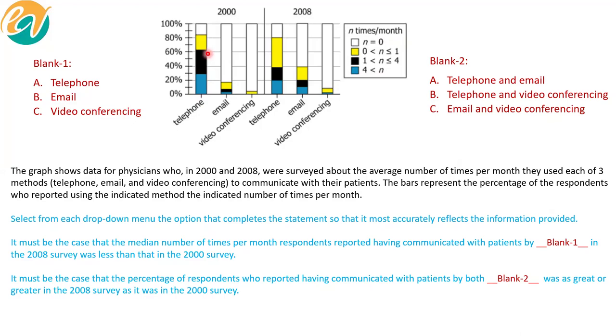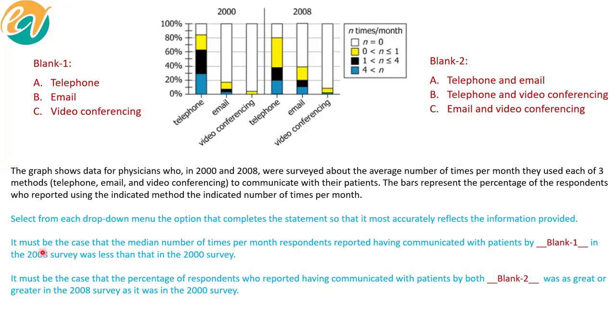Then this one is how much? 62, and this is 30. So almost 30% used telephone between 1 and 4 times a month, and so on.